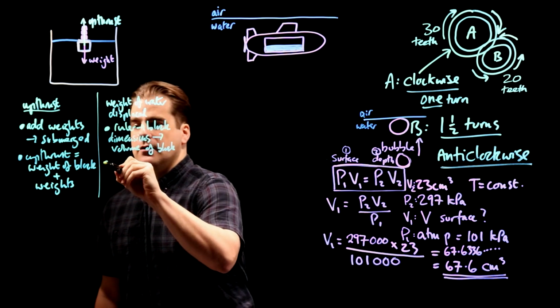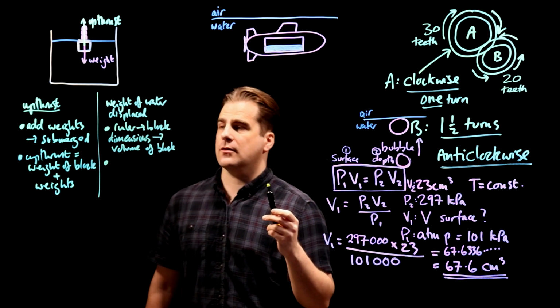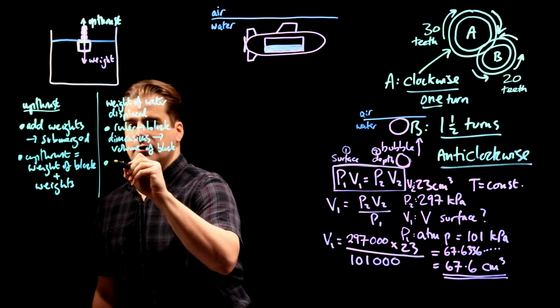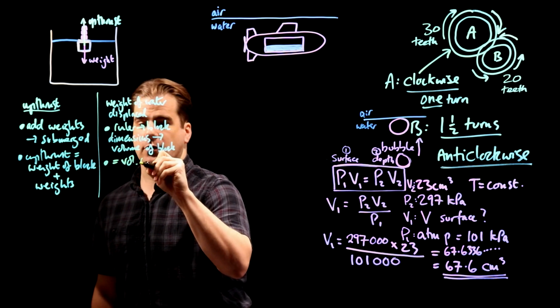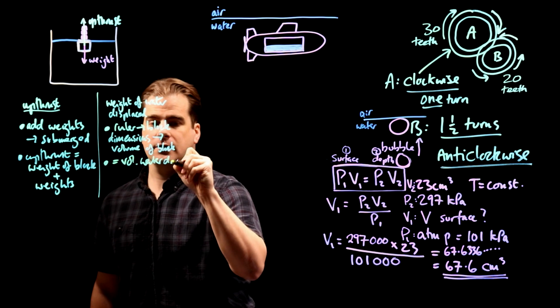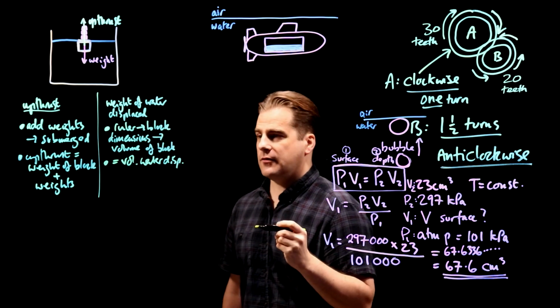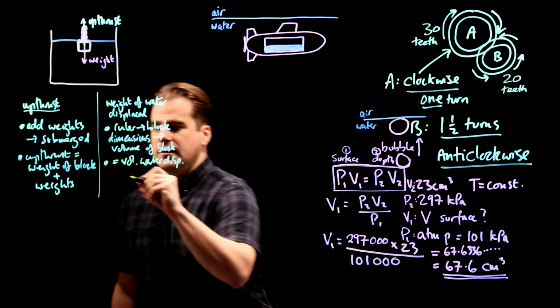Now, the volume of water displaced equals the volume of the block. That equals volume of water displaced. Okay? So you've got the volume of water displaced.